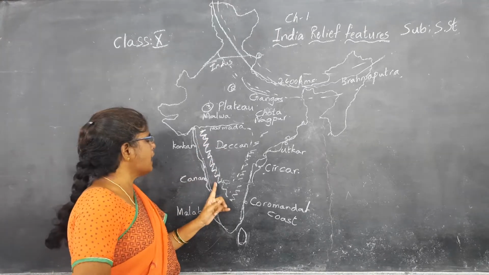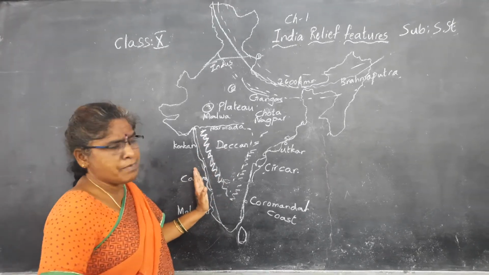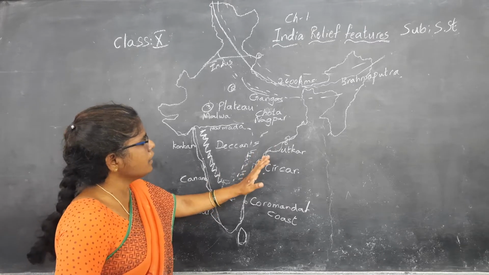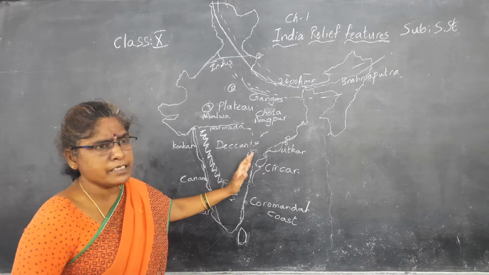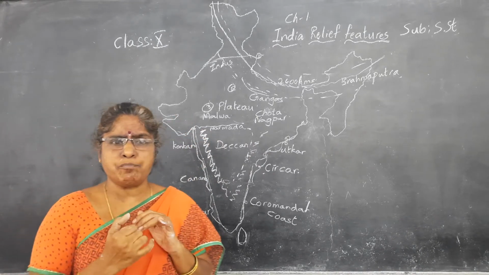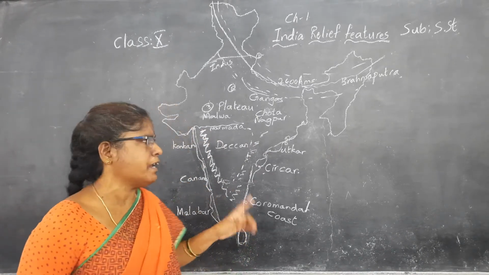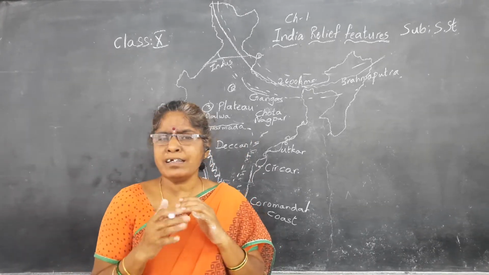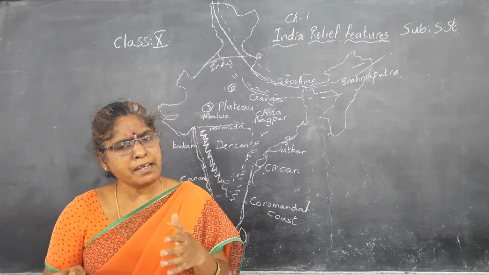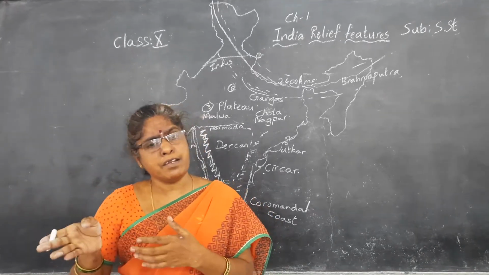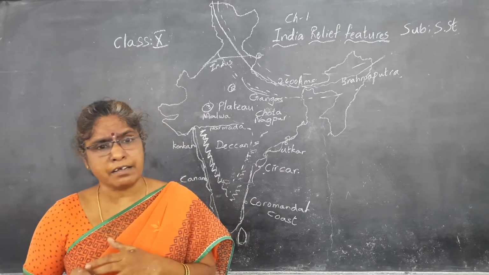The Western Ghats are parallel to the western coast, and the Eastern Ghats are next to the eastern coast. Western Ghats are a continuous range of hilly areas, whereas Eastern Ghats are not a continuous range. They are divided by the rivers flowing in this region.